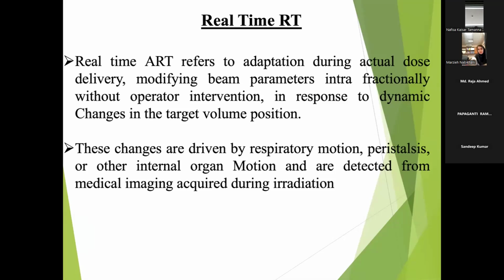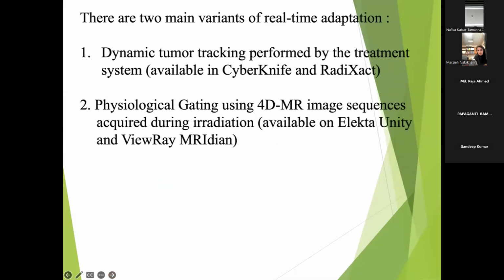These changes are mostly driven by respiratory motion, and so there are two main variants of real-time adaptation. First one is dynamic tumor tracking, which is performed by CyberKnife and Radixact machines. Another one is physiological gating using 4D MR image sequences acquired during irradiation, which is compatible with the MR-Linac.